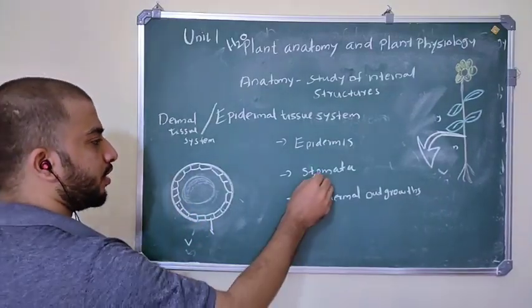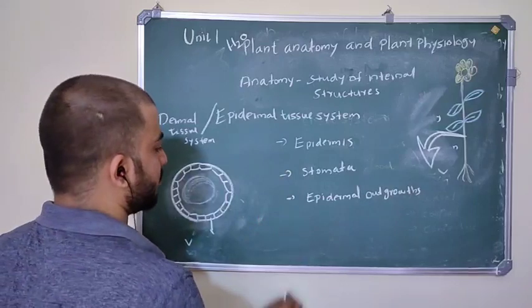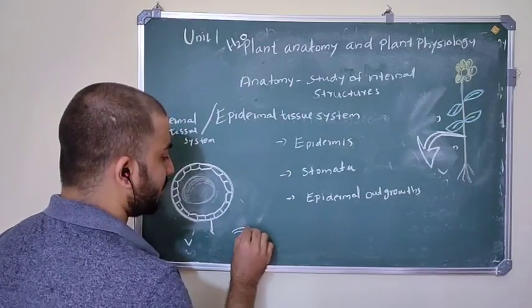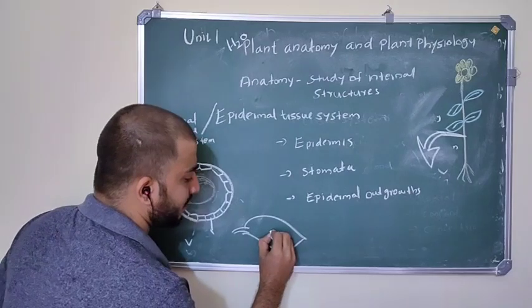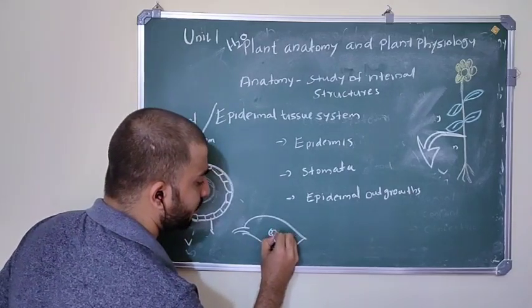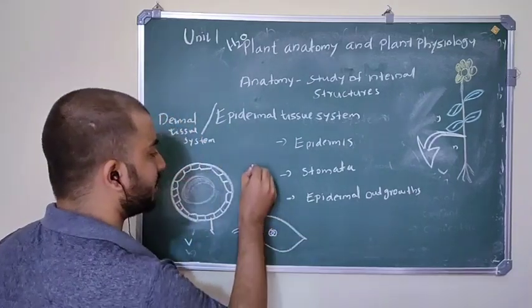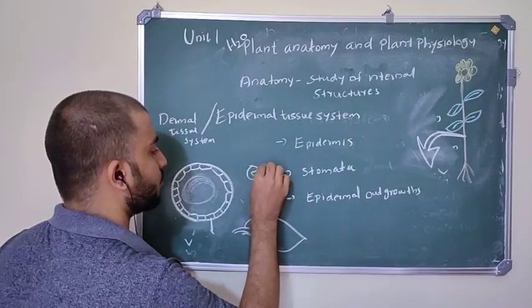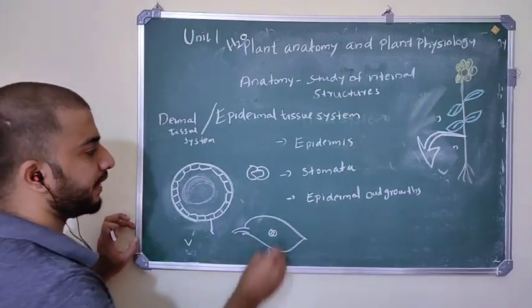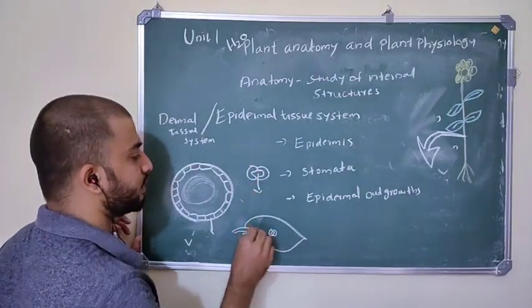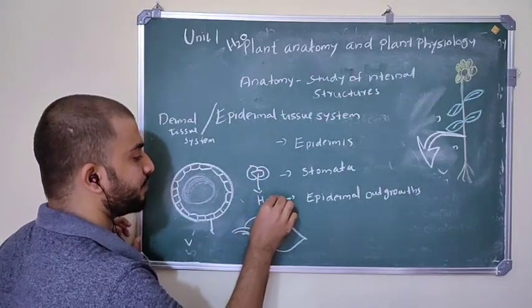Another component of the epidermal tissue system is stomata. If you observe the leaf epidermis, you can see some minute pores or openings. Those openings are called stomata. They are found on the epidermis. These openings help in transpiration. What is meant by transpiration?